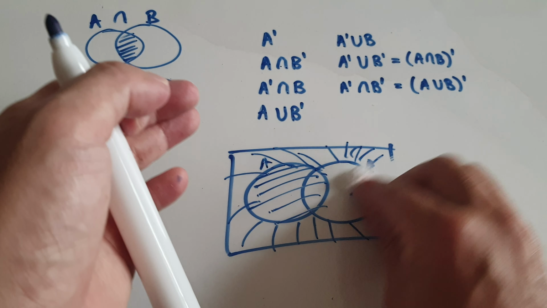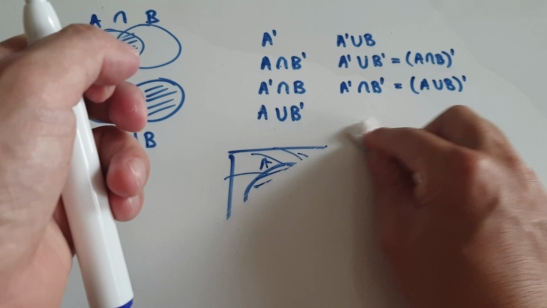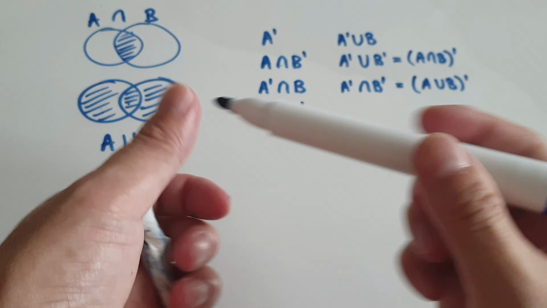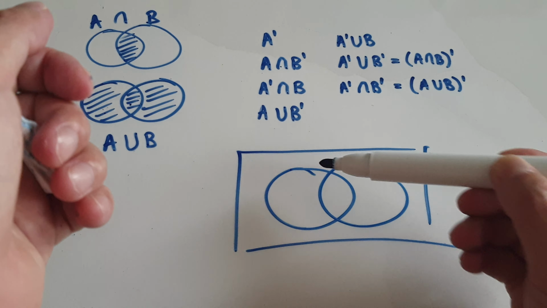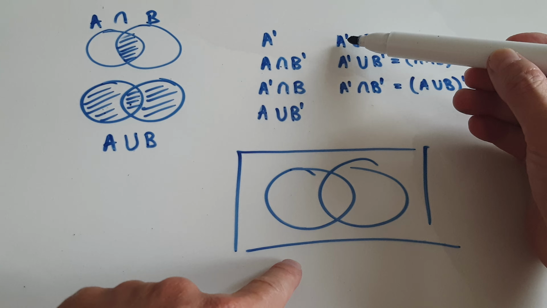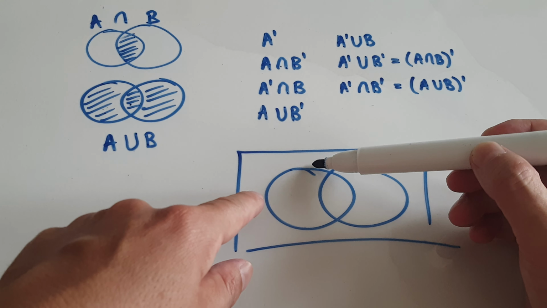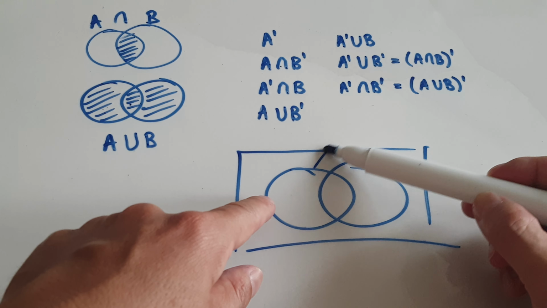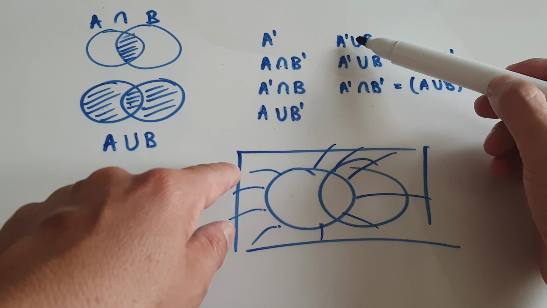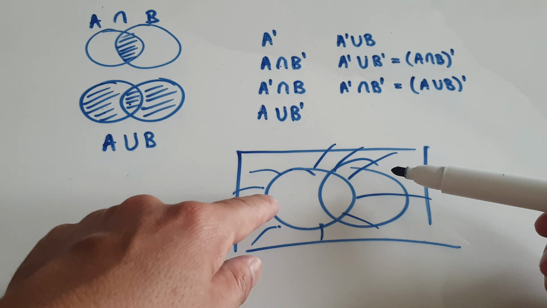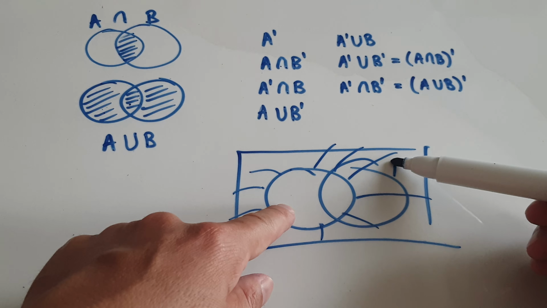Okay, so now let's look at the fifth one. So the fifth one, draw our two sets, A and B. So now not A, so in your mind picture everything on the outside of A. And remember it's or B, so this is B here.